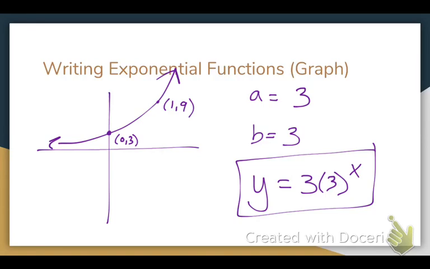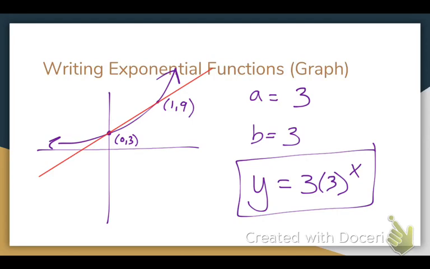Now, again, notice that the shape of this function is exponential. It's that curved shape. Sometimes, and I think you had this in your Socrative as well, sometimes it's not that curved shape. Sometimes it looks like a straight line. So if it was a straight line instead of a curved shape, let me do it in red. Let's pretend it looked like this. Oh, that's not quite right. Try that again. Like that. Perfect.